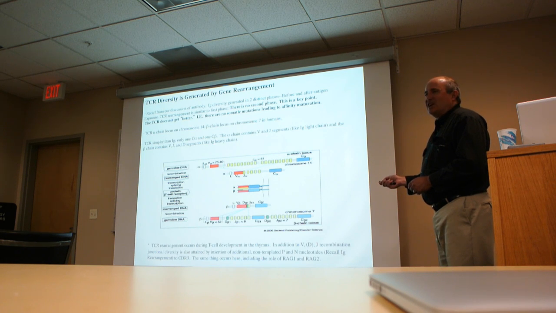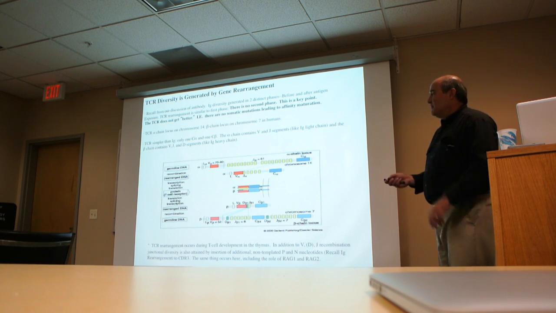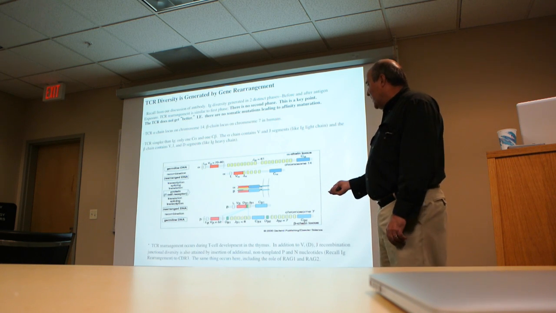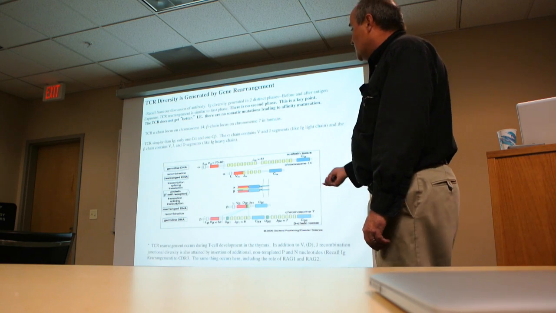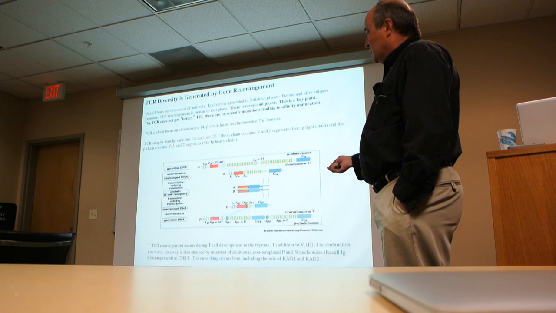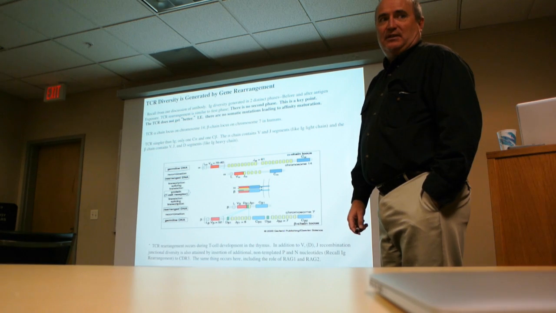And the alpha chain is like the light chain. We have just those two, multiple copies of each one. They're going to be brought together. And the beta chain is like our heavy chain. We've got another region, that D region, in there. So at the end of the day, we recombine and we bring two regions, a V and a J region, together in our alpha chain.